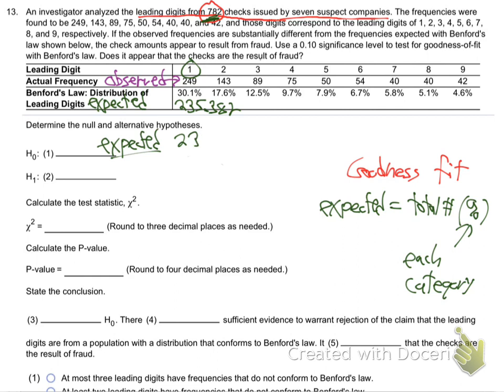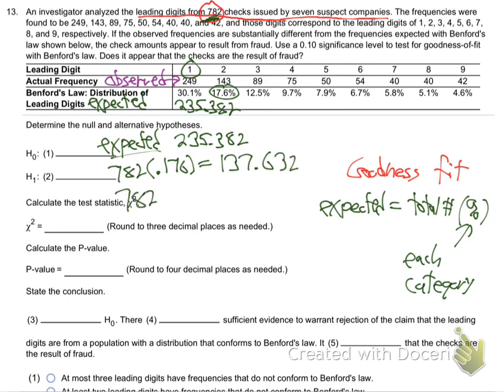So I got 235.382. For the next one, I took this percentage, 0.176, times the total. Here, I'll take the total number of checks, 782, times 0.176, and I got 137.632.